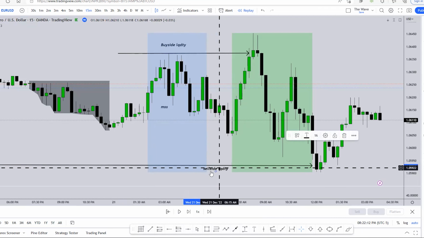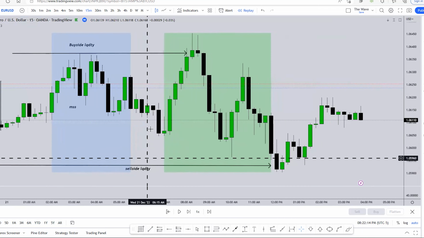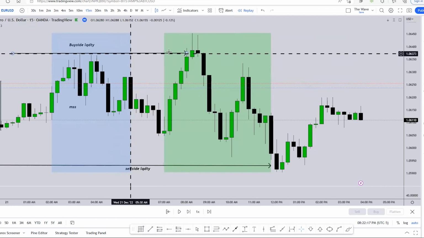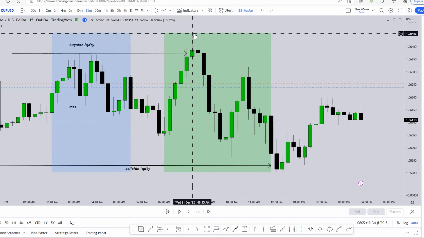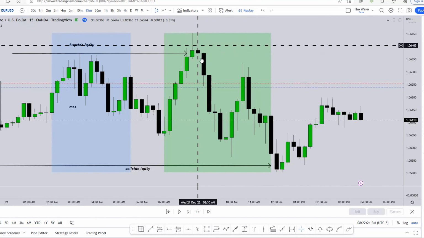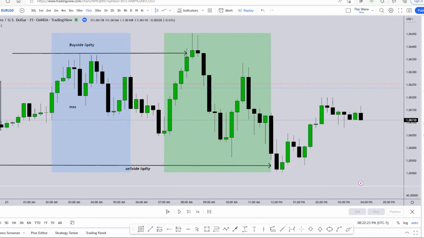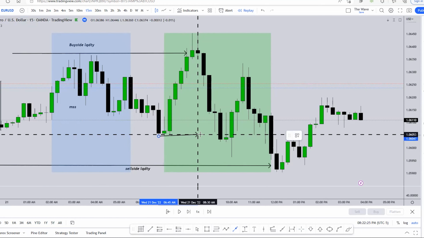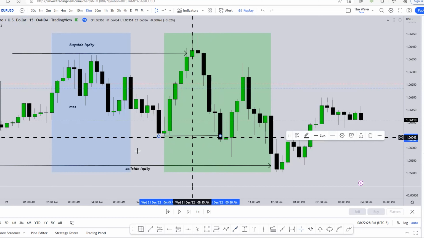Okay. Now on the 15-minute, you see we have liquidity being taken here, and then we have these lows being broken here. This swing low here.